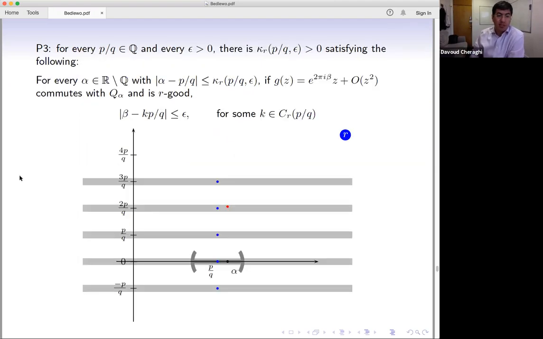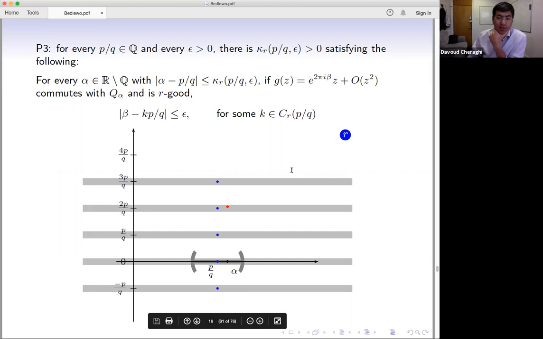The third property is more technical. I have written the statement here. There are 6 quantifiers in this statement, so I don't recommend reading it. But again, it's easier to see it in the picture. Take a rational number P over Q and take its set value function C sub P over Q. So there are these integers, say 0, 1, 2, 3, and then -1.